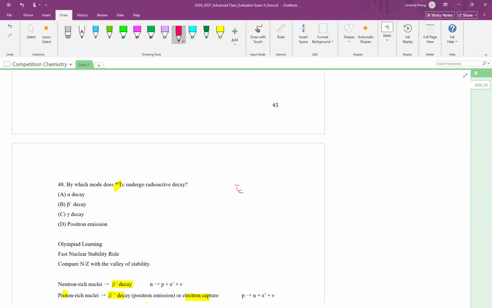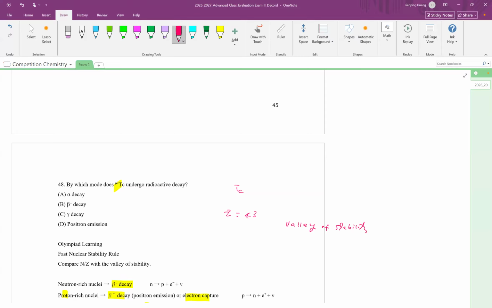In this case Z equals 43, and it specifically fell into the gap, where there is no stable species. We compare using the valley of stability, which we did not discuss so far.